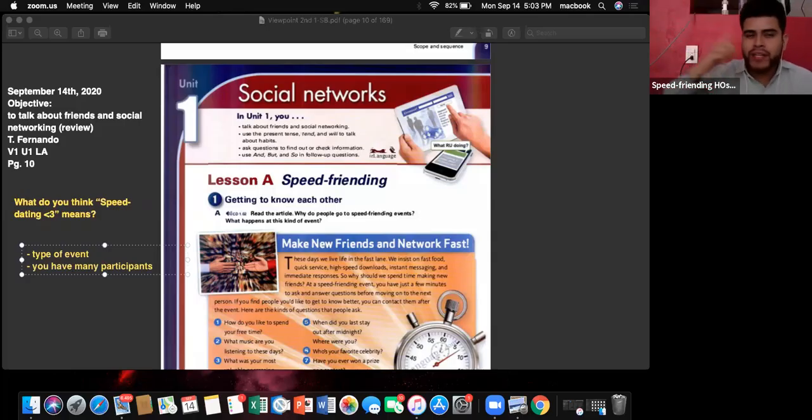I want you to imagine that everybody's in a circle and all they have is a notebook, and you go to this event because you want a new girlfriend or you want a new boyfriend. So this event is very fast. We have 10 people that are standing and other 10 people that are moving.